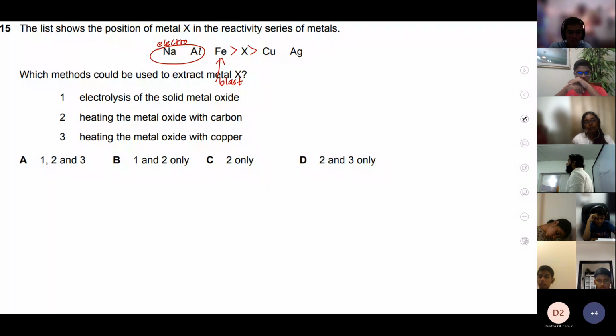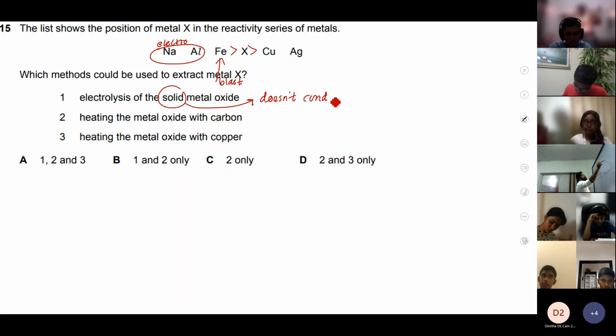Those below hydrogen can be aqueous. Above hydrogen, molten. Electrolysis, even a highly reactive one can be obtained, but you can't electrolyze a solid. Solid ionic compounds don't conduct electricity. Since it's a solid, you can't electrolyze it.